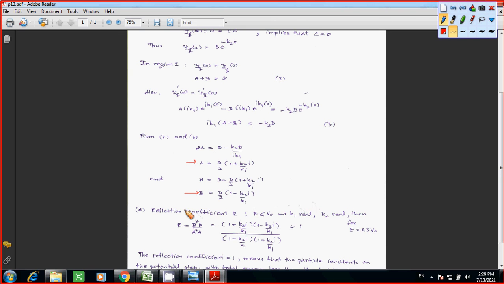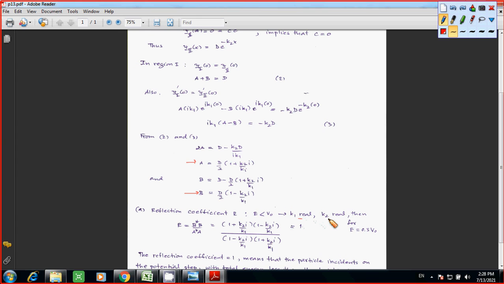Now let's work on the reflection coefficient R for the first case, or electron energy less than V0. Well, in this case, let's consider carefully. K1 is what? Square root of 2mE over h bar. So K1 is real.